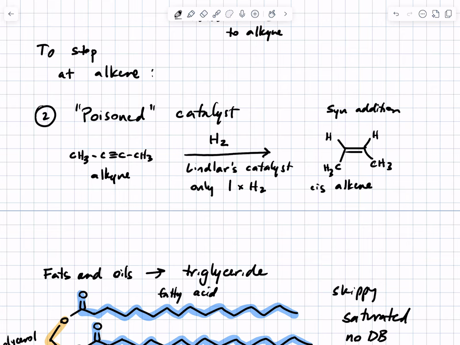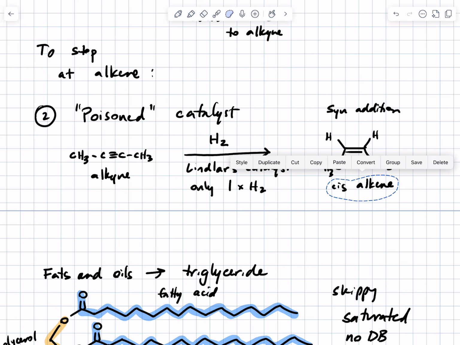So if you wanted to reduce an alkyne to an alkene, you can use the Lindlar catalyst with hydrogen, and that will give you the cis alkene. That's a reaction with a stereochemical outcome.